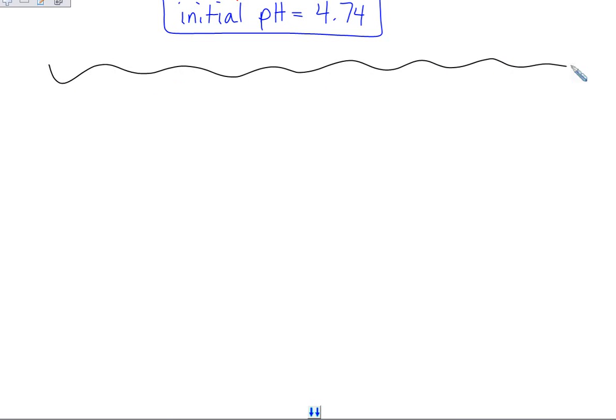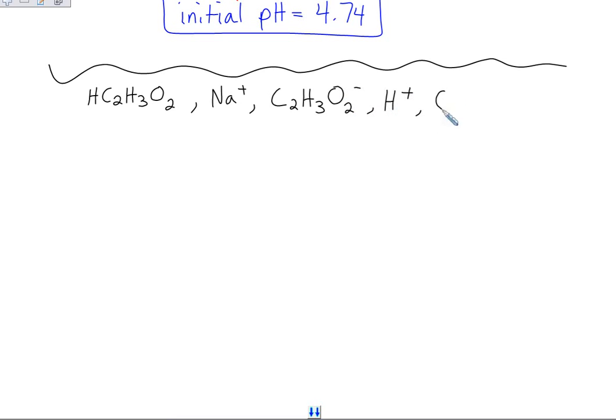You've got your buffer. It's got the weak acid, HC2H3O2. Then you've got the sodium ions. You've got the acetate ions, C2H3O2. We're adding HCl, which is going to be hydrogen and chlorine ions. And there's always water. We can always list water.